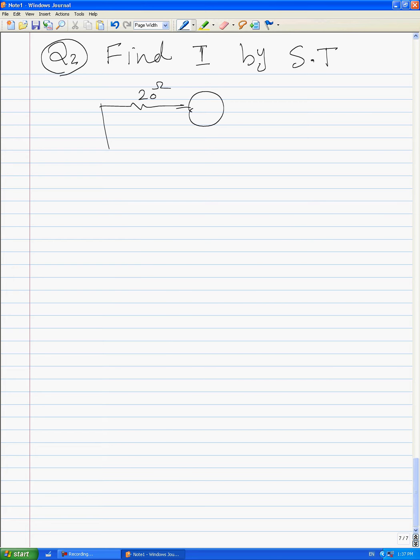In this question, question 2, we want to find out current I by source transformation method. The circuit is like this. We have 20 ohms here and 5 volts here.